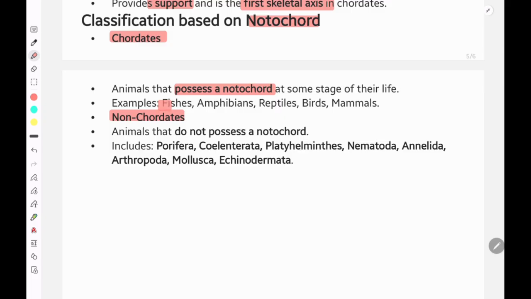For example, throughout their life or at some stage, like fishes, amphibians, reptiles, birds, mammals. Non-chordates are those which do not possess notochord. Examples: Porifera, Coelenterata, Platyhelminthes, Nematoda, Annelids, Arthropoda, Mollusca, and Echinodermata.